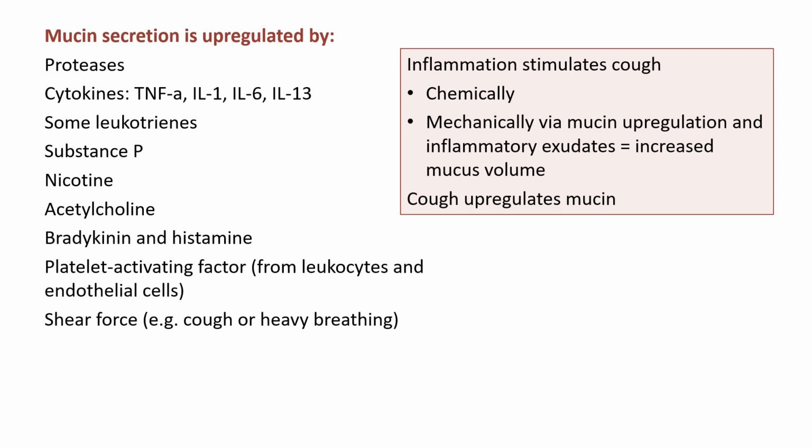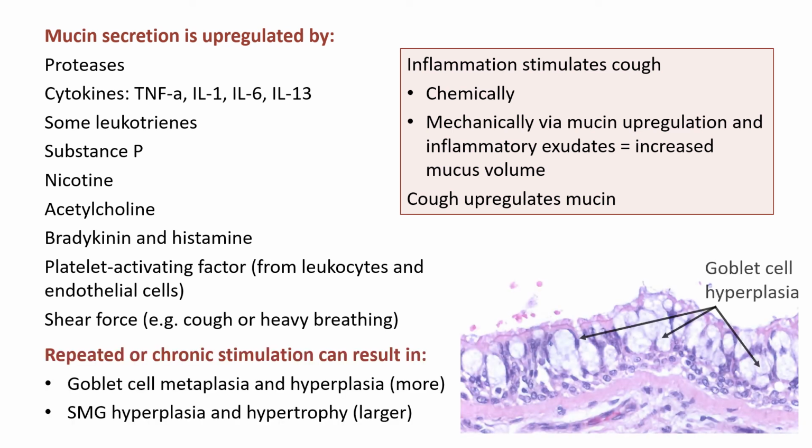Cough itself also upregulates mucin secretion. So we've got a bit of a cycle going on. In the longer term, so this is about short-term upregulation of mucin secretion. Yes, we've got more mucus or stickier mucus.